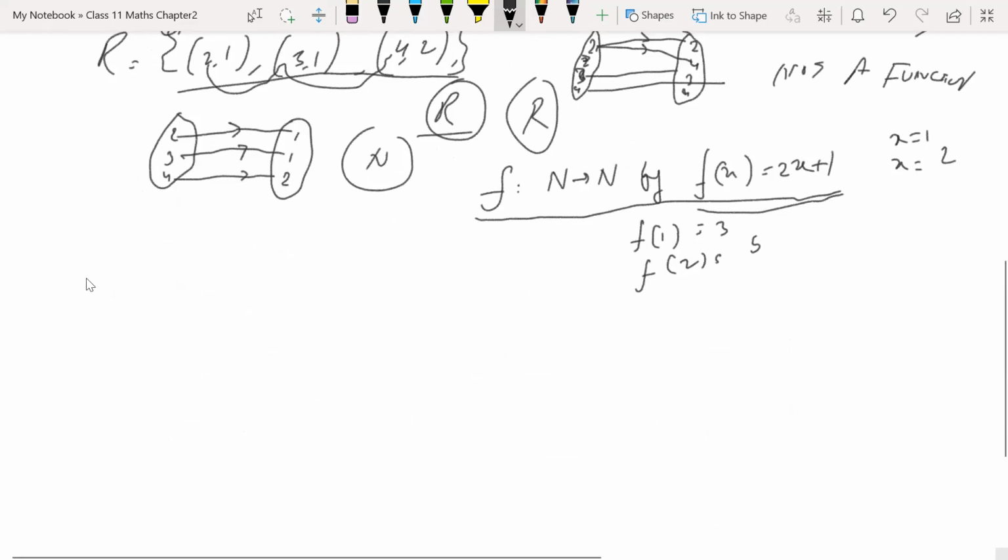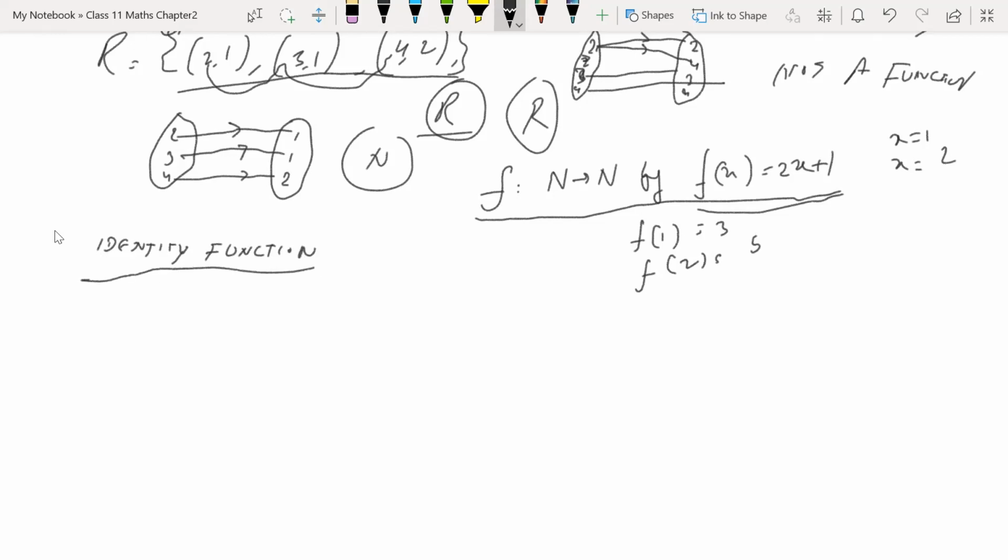One function is the identity function. As the name suggests, what is the identity function?